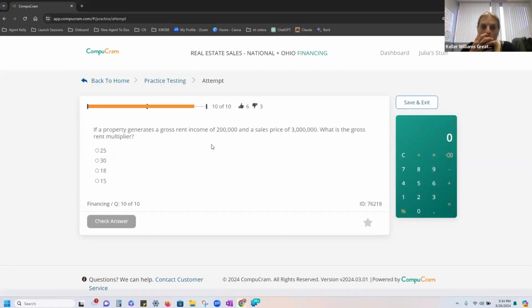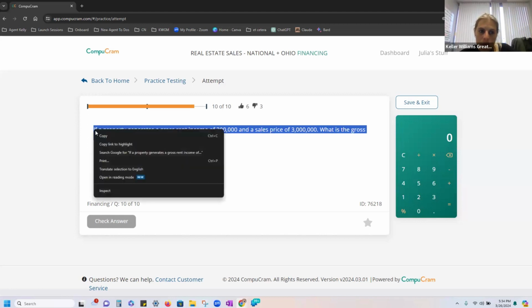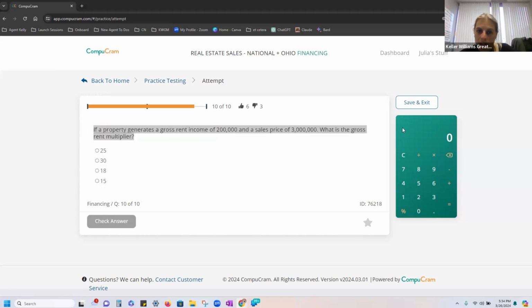All right. So if a property generates a gross rent income of 200,000 and a sale price of 3 million, what is the gross rent multiplier? So definitely plug in that formula to get the gross rent multiplier.